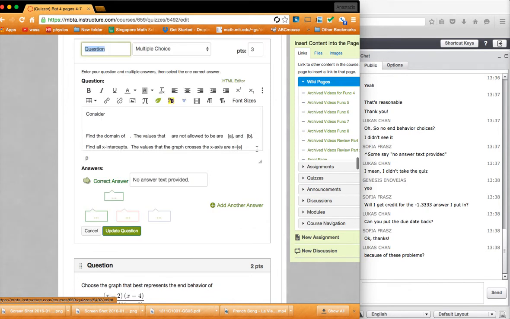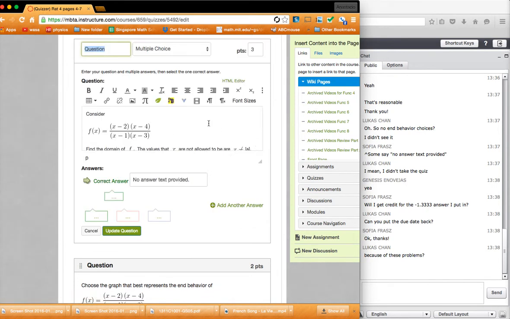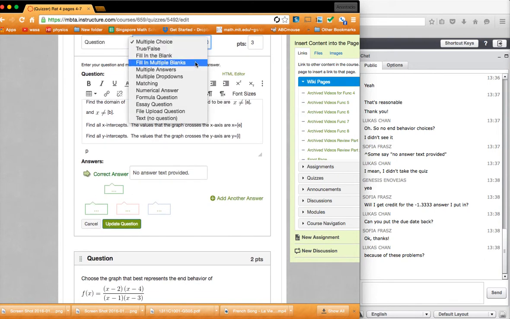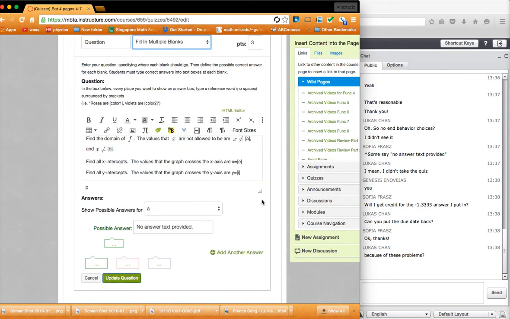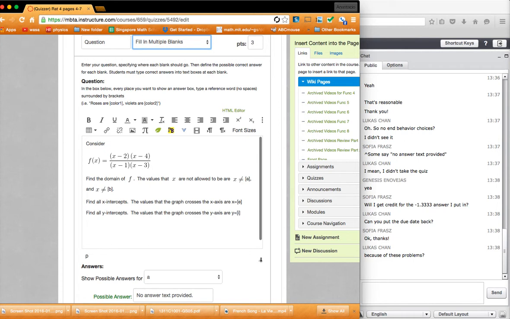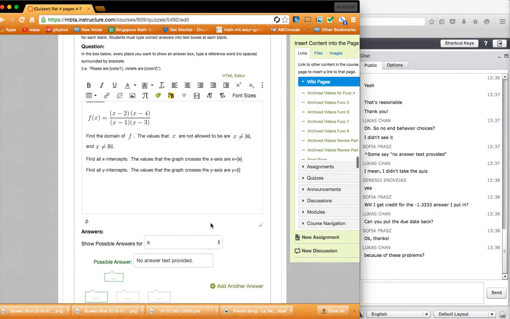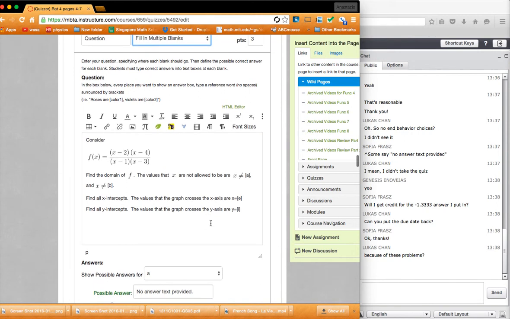I'm sure I know why: when I designed the question, I designed it like a multiple fill in the blanks. But the computer didn't recognize it as that, and it thought it's a multiple choice question, but I didn't provide any text for multiple choice. Stupid computer. So what I ended up doing was having to fix things. All right, here we go.